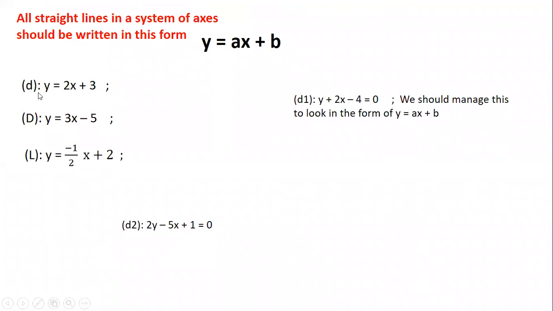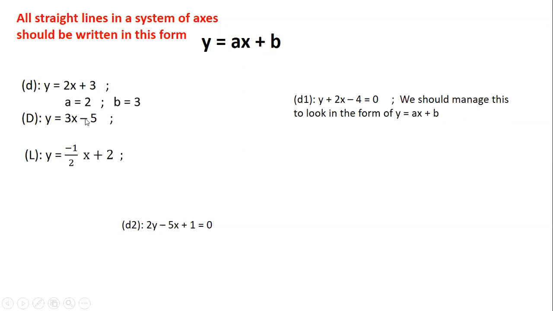If you are given an equation of a straight line and you should determine the slope and the y-intercept, your equation should be written as the general form of the equation. y equal to x plus 3 is like the general form of the equation. So I directly determine the slope and the y-intercept.